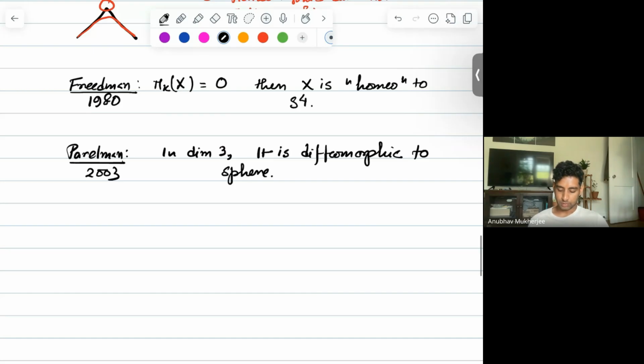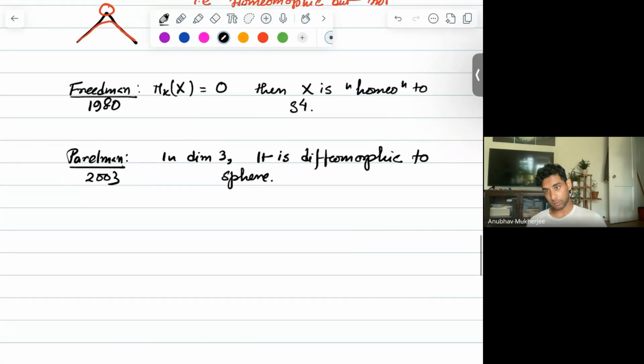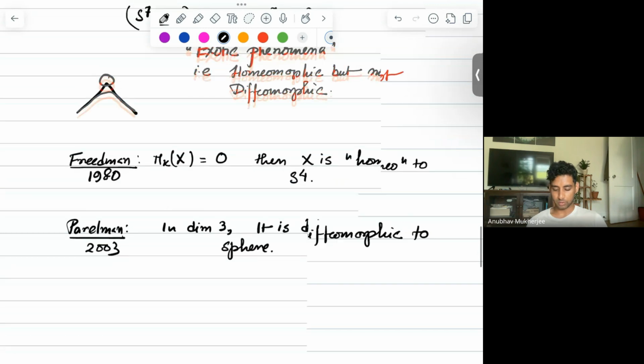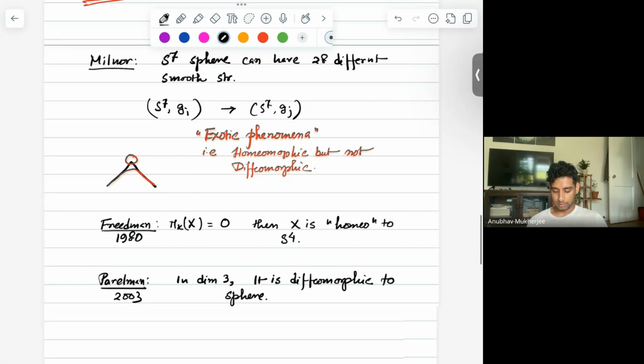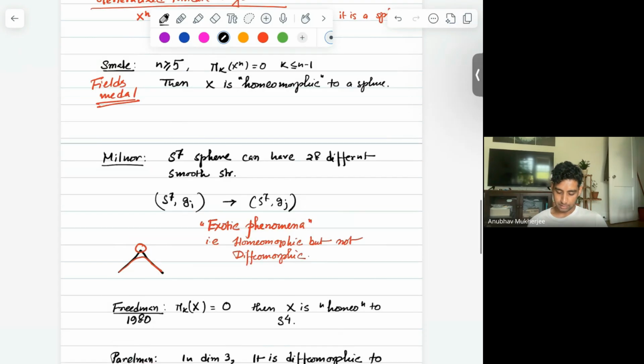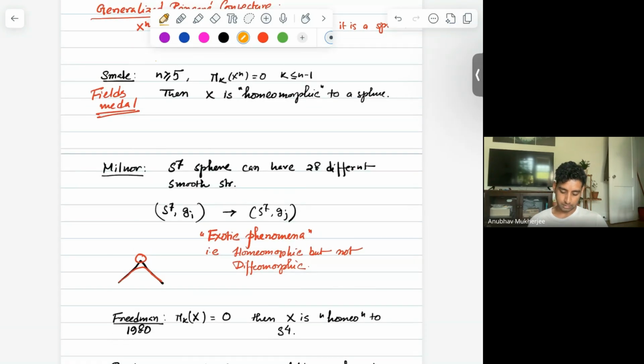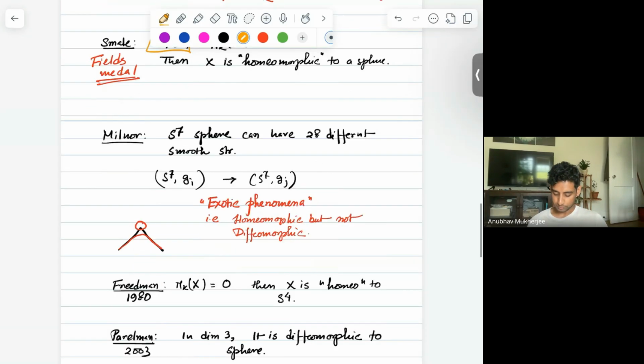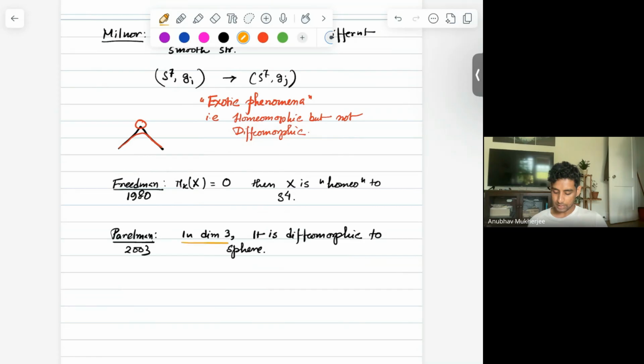Okay, so now we focus on this particular exotic phenomenon, because the theory that Smale and Milner developed can understand the nature of homeomorphism or diffeomorphism in higher dimensions, that is, as long as the dimension is bigger than or equal to 5. And Perelman's theory is saying that in dimension 3, there is no difference.